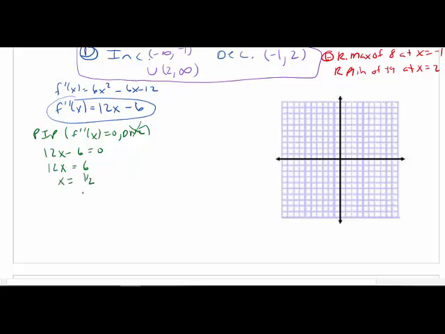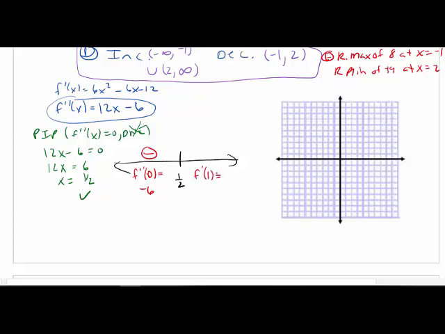Should get x equals 1/2. That is in the domain. So I'm going to do my chart. And remember, we're using the second derivative right now to determine the concavity. So I can plug in 0 here, and I'll get a -6.